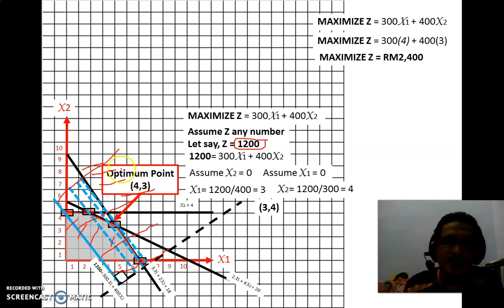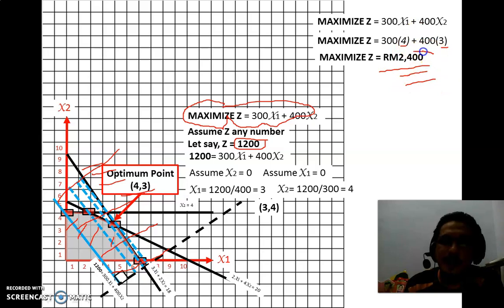We insert this answer into the maximize problem. So to get the maximum profit we must use 4 x1, which is the necklace, and 3 x2, which is the bracelet, and the maximum profit is 2400.